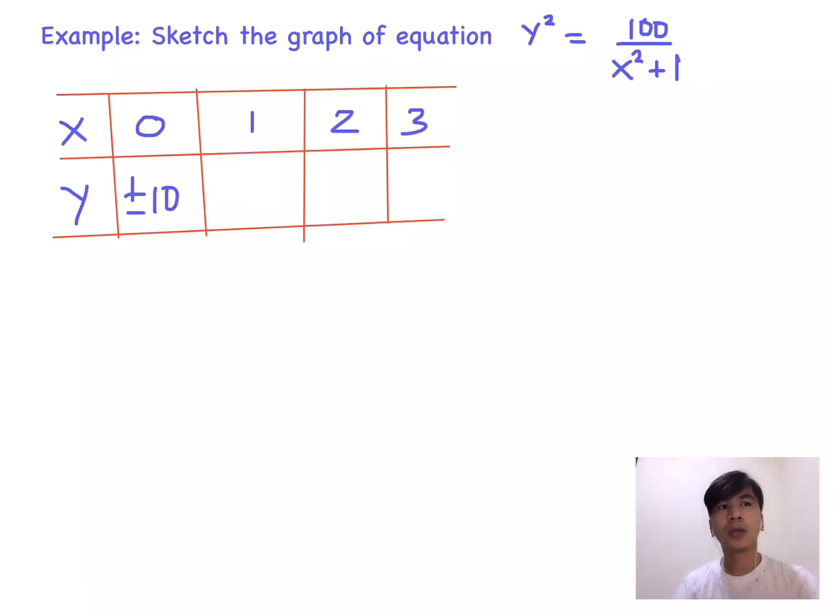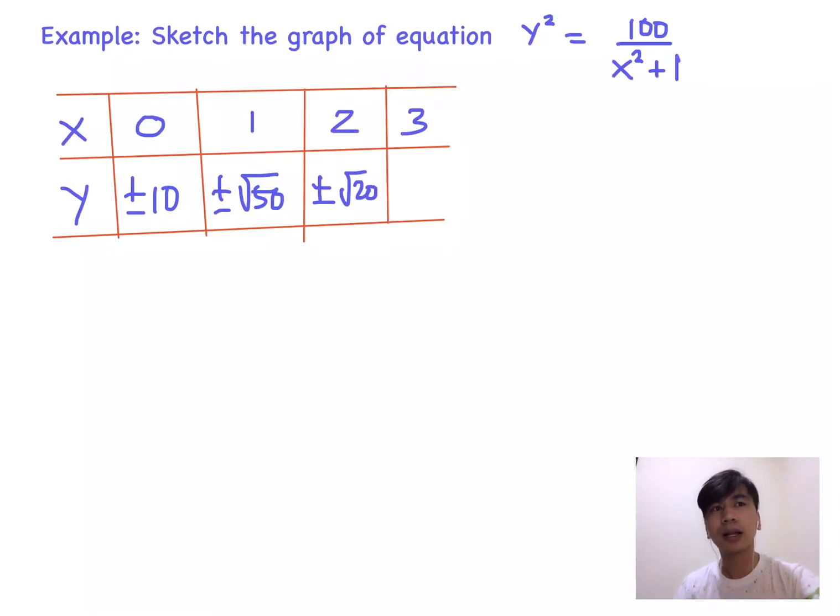Let's move to the second. If we have x equal to 1, then 100 divided by 1 squared plus 1, which is 100 divided by 2, is 50. So then we'll have plus or minus square root of 50. If x is equal to 2, then 100 divided by 2 squared, which is 4, plus 1, that is 100 divided by 5, so plus or minus square root of 20.